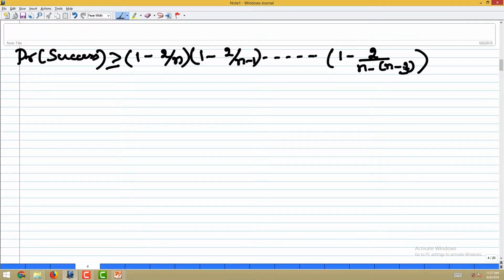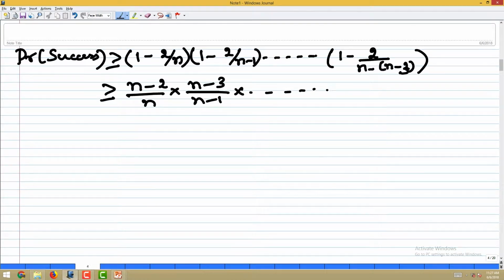So, you simplify, this is greater than or equal to n minus 2 by n into n minus 3 by n minus 1 into etc. The last term is 1 by 3, okay. So, if you see the terms here, the next one will be n minus 4 by n minus 2, etc. So, you can cancel many terms.